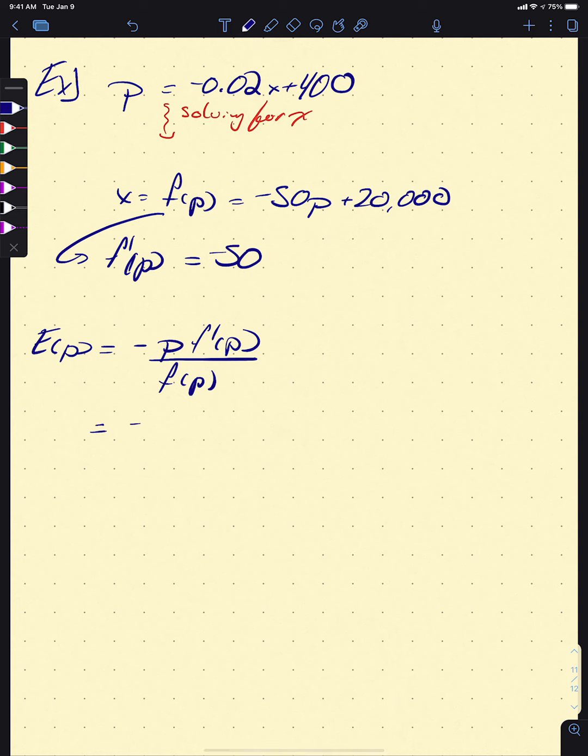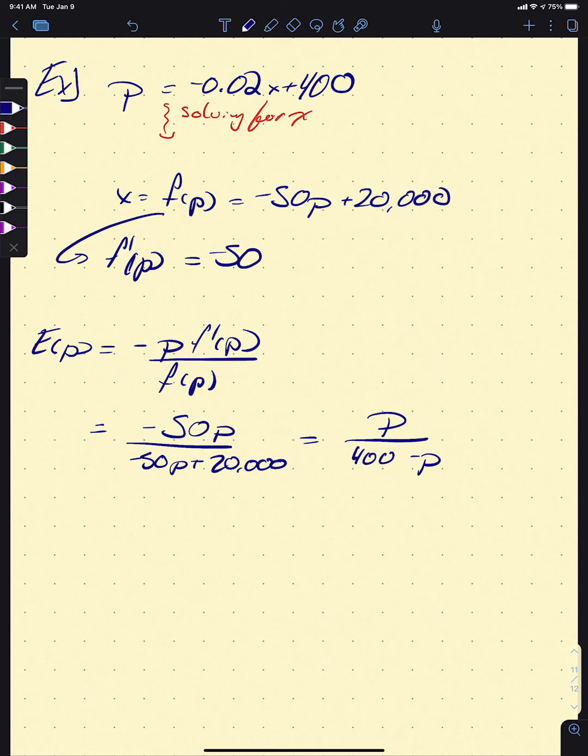Simplifying this a little bit, we get negative 50p over negative 50p plus 20,000, and if you do some factoring, you get p over 400 minus p.